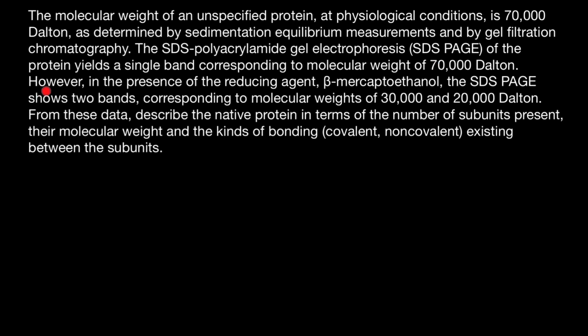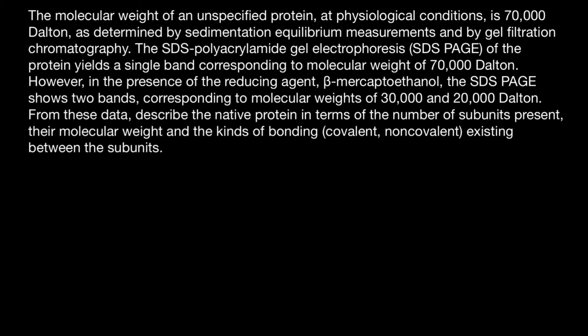However, in the presence of the reducing agent beta-mercaptoethanol, the SDS-PAGE shows two bands corresponding to molecular weights of 30,000 and 20,000 Dalton. From this data, describe the native protein in terms of the number of subunits present, the molecular weight, and the kinds of bonding, covalent or non-covalent, existing between these subunits.